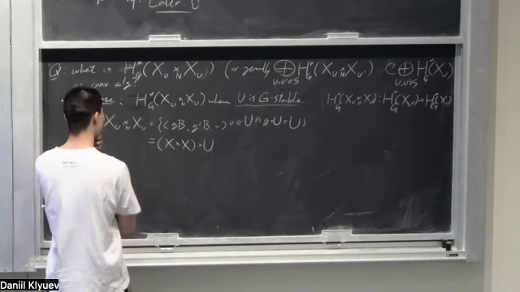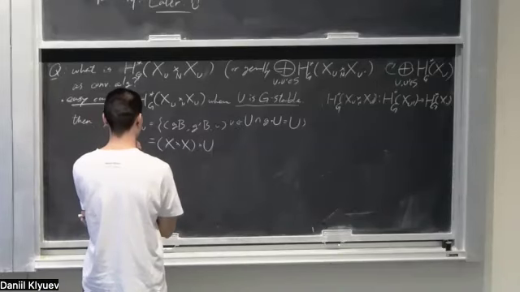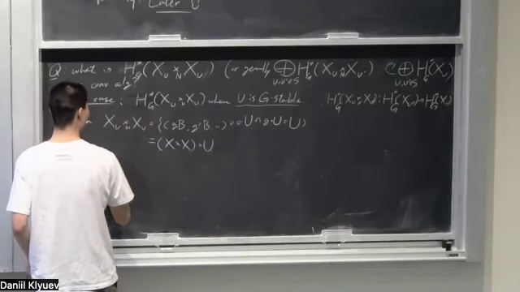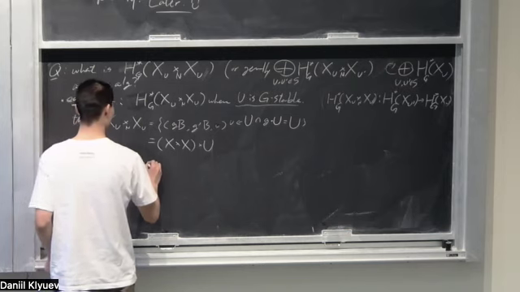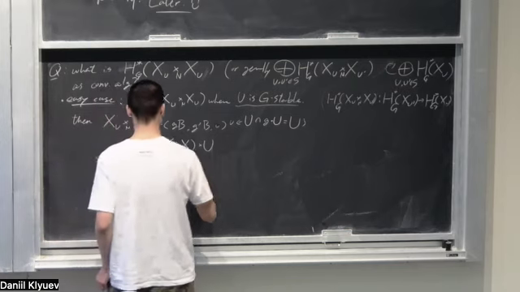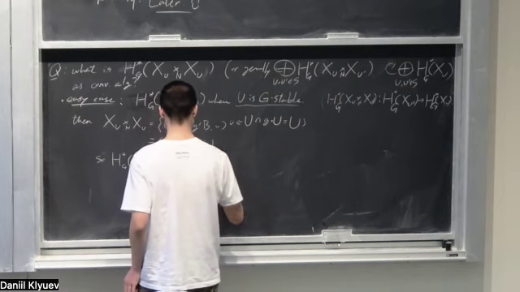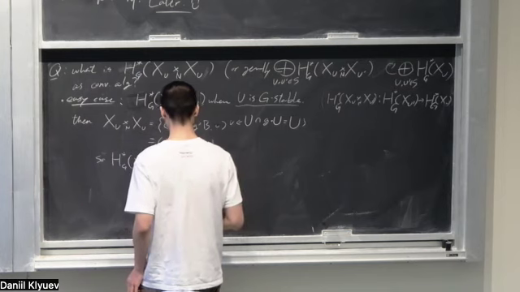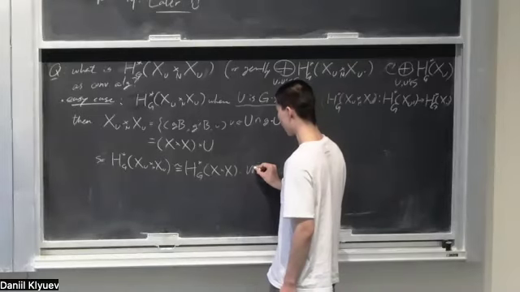Is that right? It's a vector bundle, so it should have isomorphic equivariant homology as flag times flag, which we did last time.